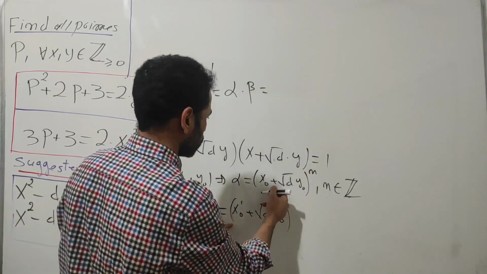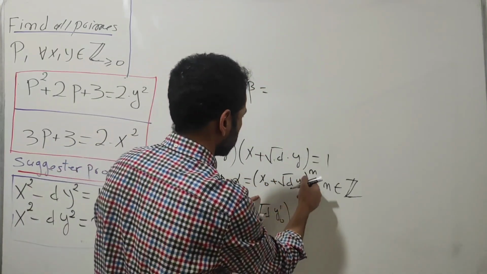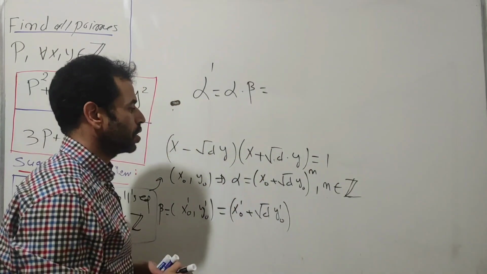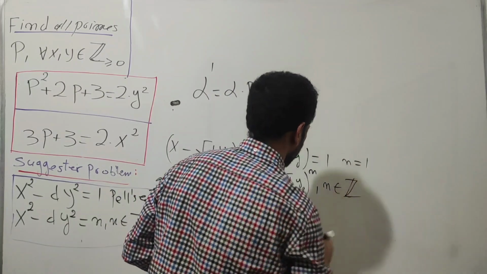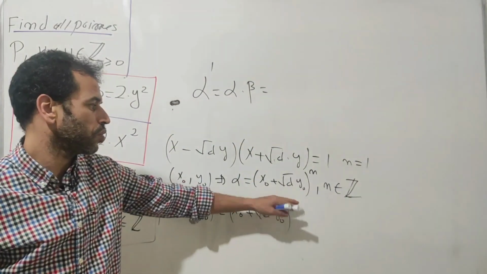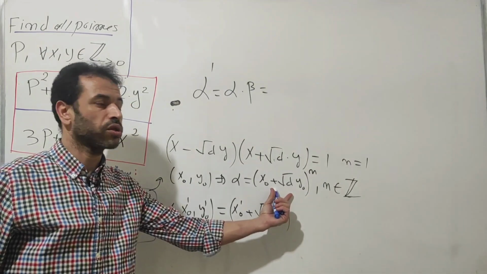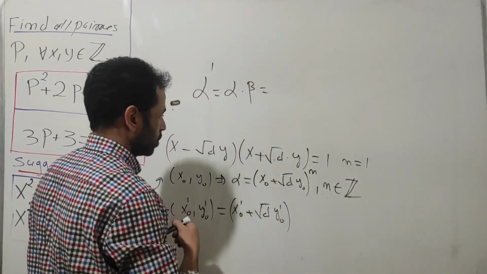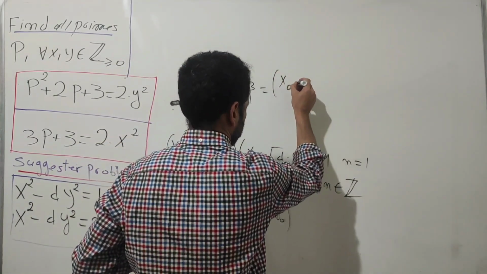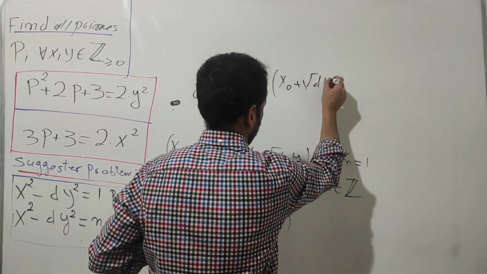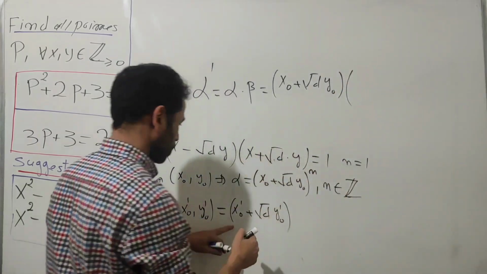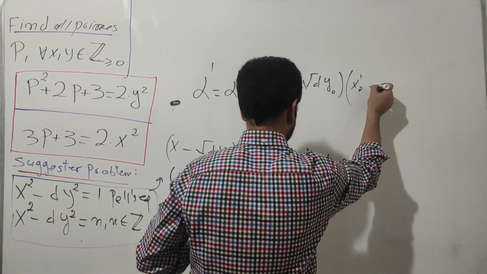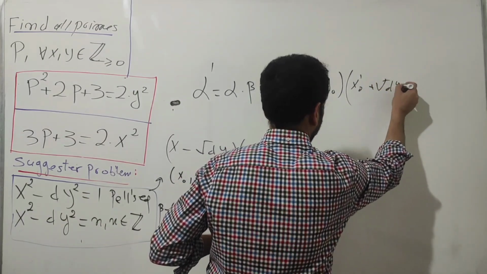Then we take the solution we had before as a recursion, but with n equals 1, the first obvious solution. We keep the first solution as we have here. So alpha multiplied by beta is x0 plus square root of d y0, multiplied by the second solution x prime 0 plus square root of d y prime 0.